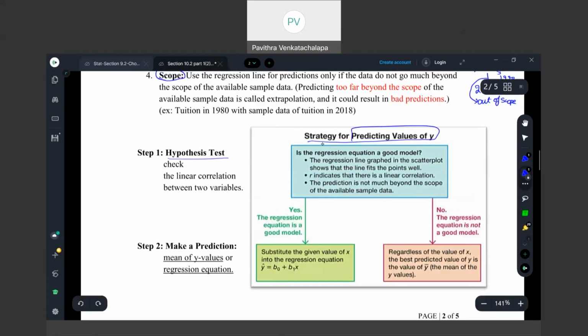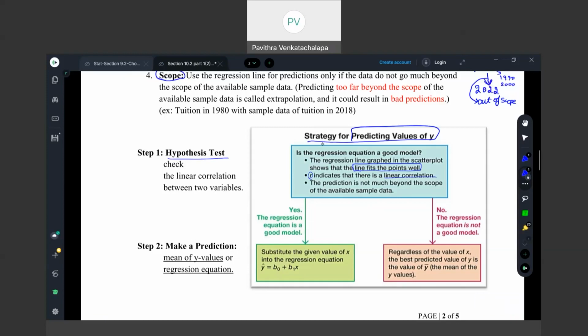All you have to do first is find out whether it is a good model or not. When I say good model, what are we supposed to check? First, you need to check whether the line fits the points well, the best line of fit. Second, does R indicate a linear correlation between the two variables?